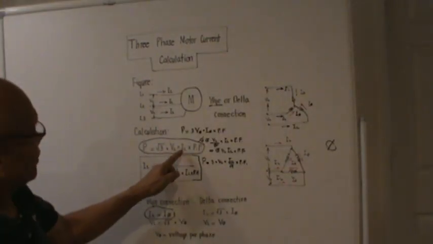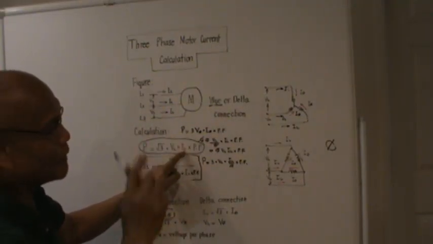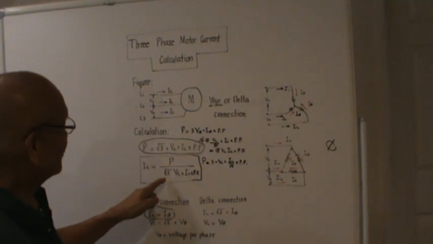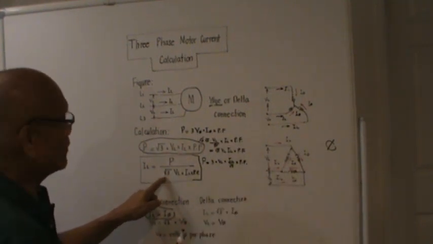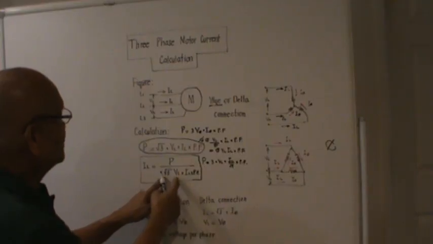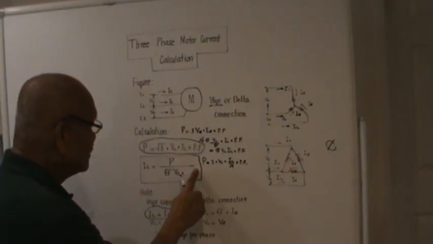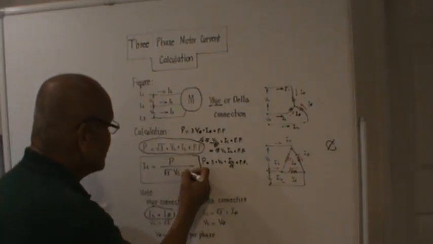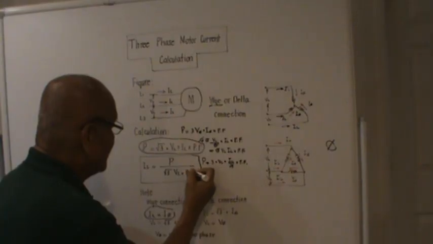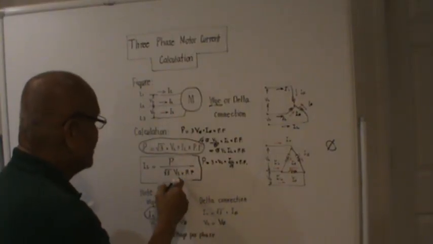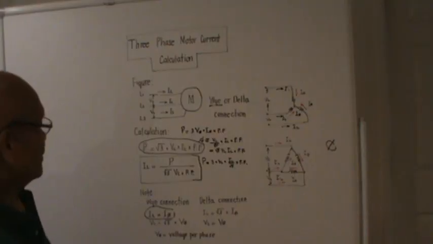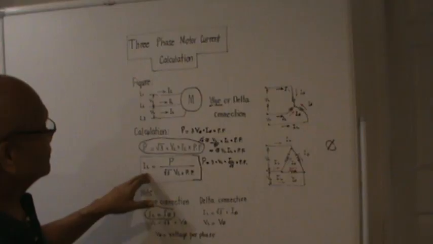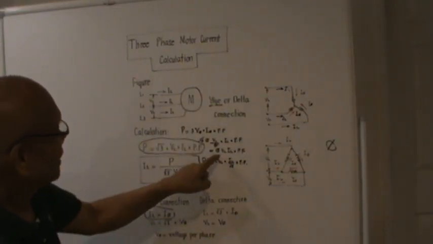So if we now try to compute for the line current for a Y connection, the line current will be the total true power in watts over square root of 3 times the line voltage times power factor. This will now be the total line current if the connection is Y, as was derived from this.